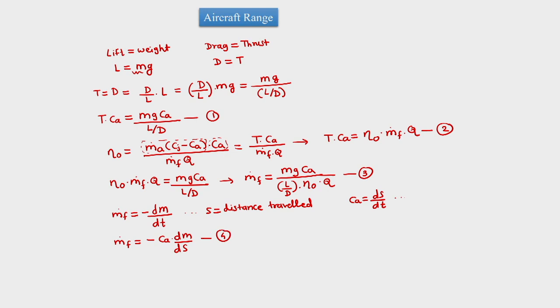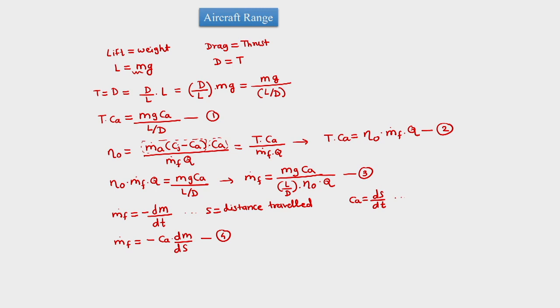So equations 3 and 4 would lead us to minus Ca into dm by ds, and that is equal to mgCa divided by L by D into overall efficiency into Q. So we can further say that dm by m is equal to ds divided by L by D into overall efficiency into Q into G, with a minus sign.